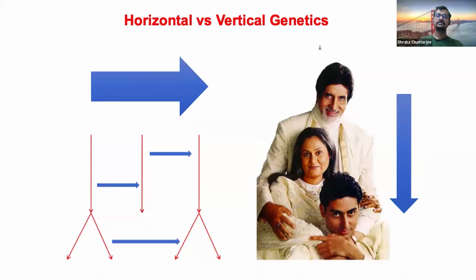But in several organisms, especially lower organisms like prokaryotes, like bacteria, there is this horizontal gene transfer. You must have heard about things like conjugation. In bacterial conjugation, one bacterium can donate its plasmid DNA to another bacterium by formation of a pilus. So that is direct. These two bacteria are not offspring, right?